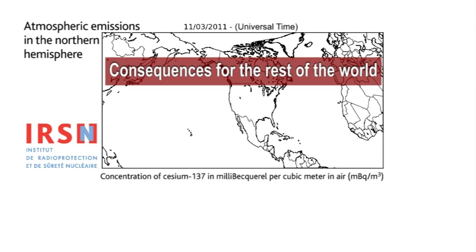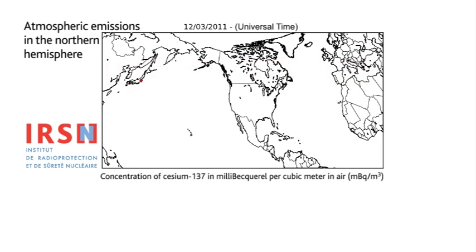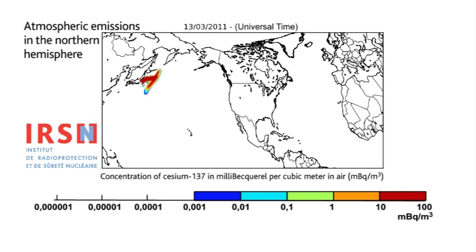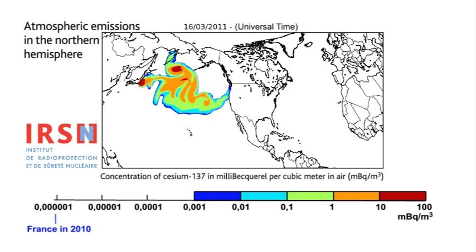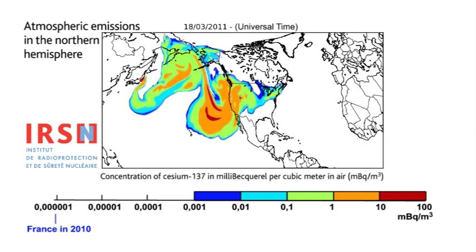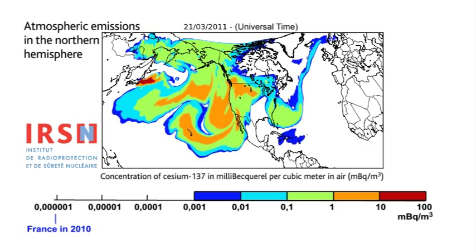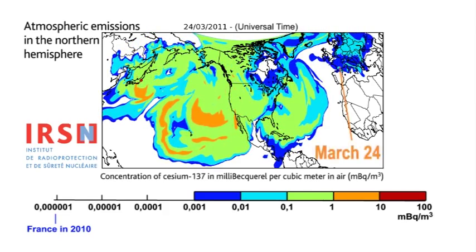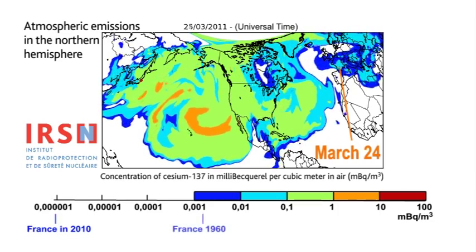Since there is very little exchange of air mass between the northern and southern hemispheres, the atmospheric dispersion of the plume affected only the northern hemisphere. Radioactive pollutants reached North America on March 16th, Northern Europe on March 21st, and France on March 24th.